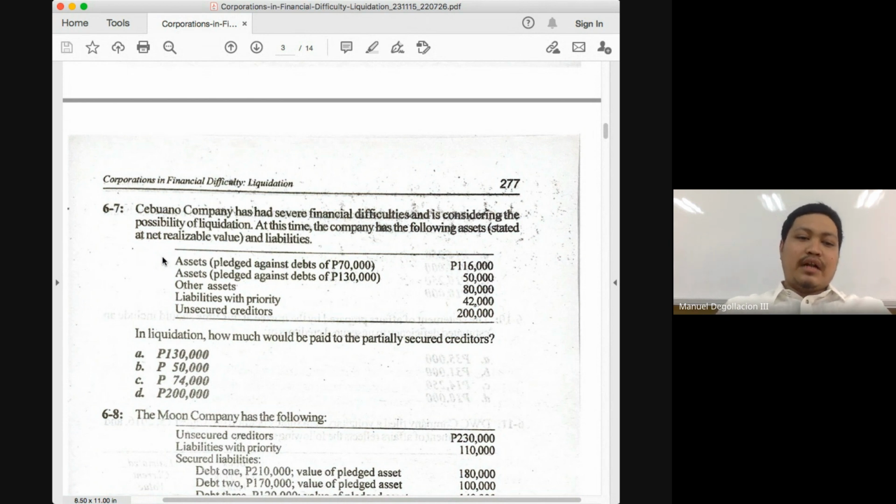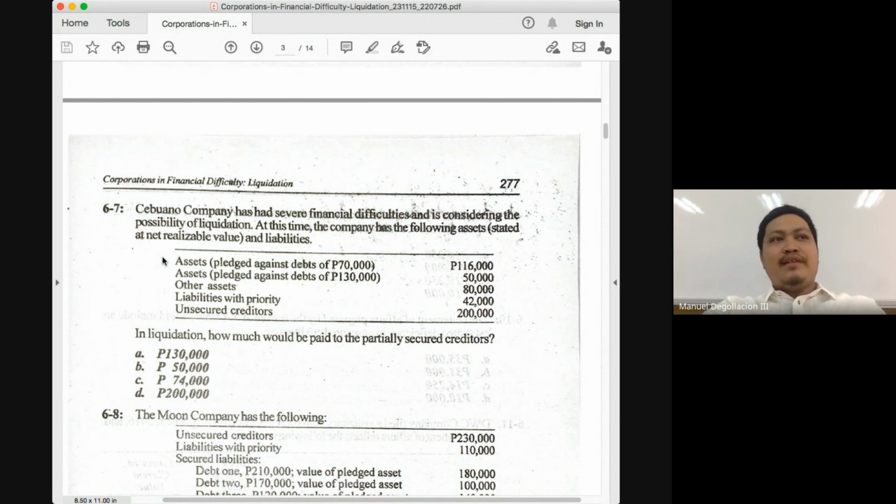From that point on, class, we can already eliminate choice letter B, because in no way would we expect that the 130,000 liability will only be paid 50,000, because after all, it is secured with assets amounting to 50,000. At the very least, we will expect the 130,000 liability to be paid 50,000.